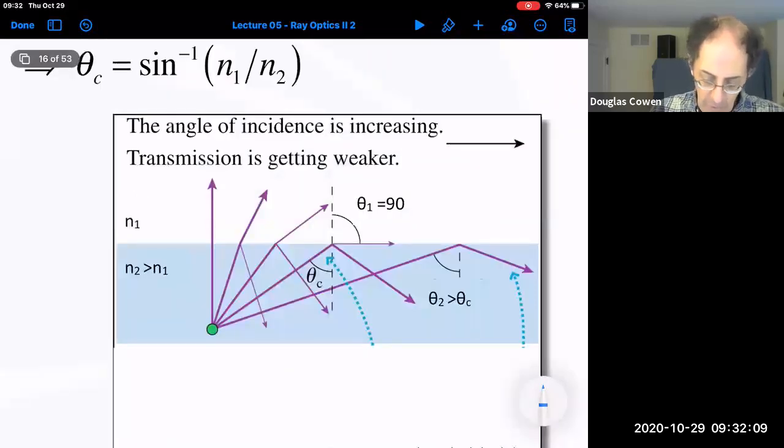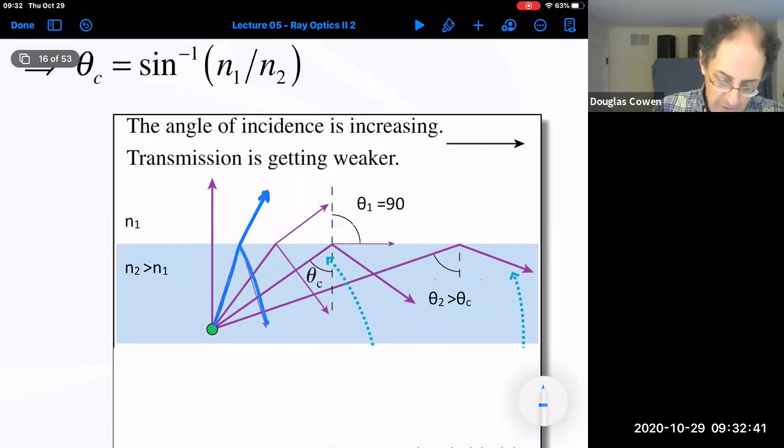So purely vertical light remains vertical and doesn't get refracted at all, or reflected. Maybe a little bit gets reflected, but it's not shown here. And then if you have a slightly larger angle, theta 2, then you will get a bunch of light that gets refracted and some that gets reflected.